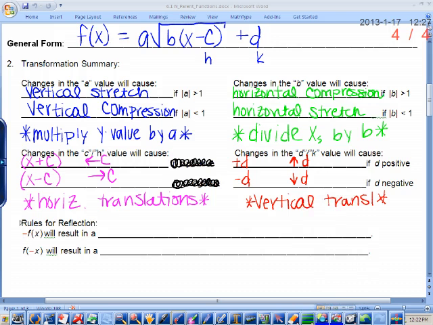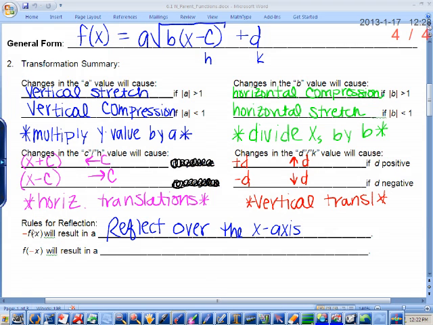Okay? When your negative is outside of the f of x, when it's outside of the whole function, how does that reflect the function? Over the x-axis. Good. And the way we remember that it's over the x-axis is that when the negative's outside, that means it affects the y values. And the way you affect the y values is to reflect down.